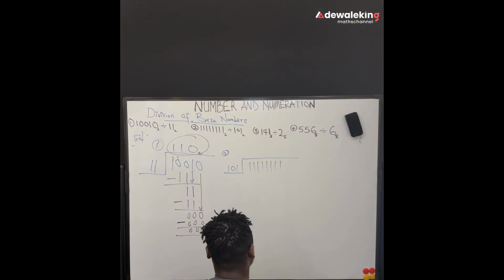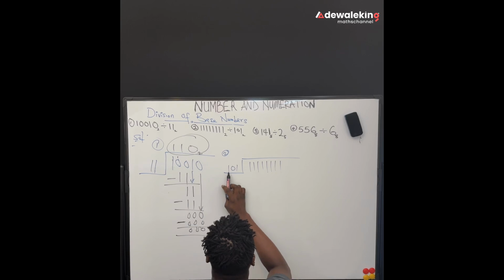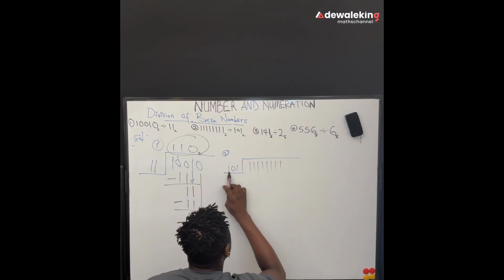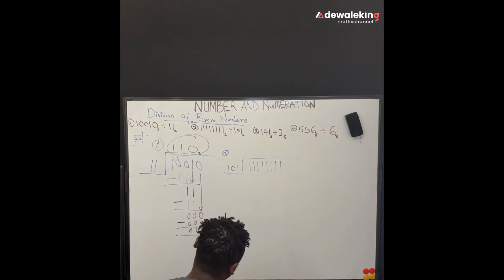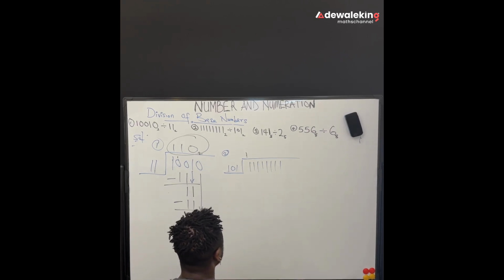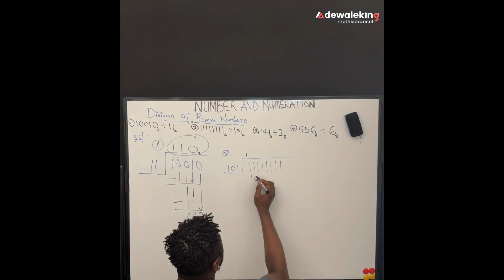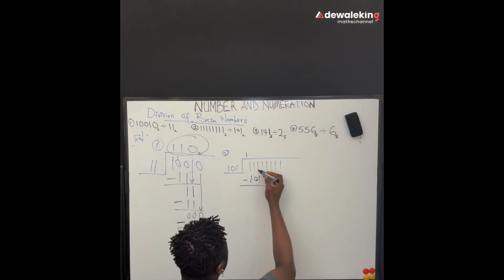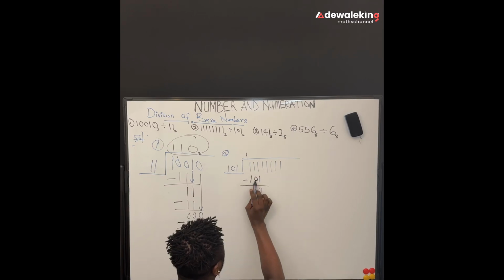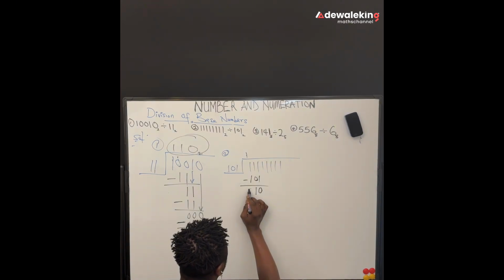To operate with this number, we divide this by this. We can see 1, 0, 1 and 1, 1, 1, and that will be 1. 1 times 1, 0, 1 will give us 1, 0, 1. So you subtract that: 1 minus 1 is 0, 1 minus 0 is 1, and 1 minus 1 is 0.